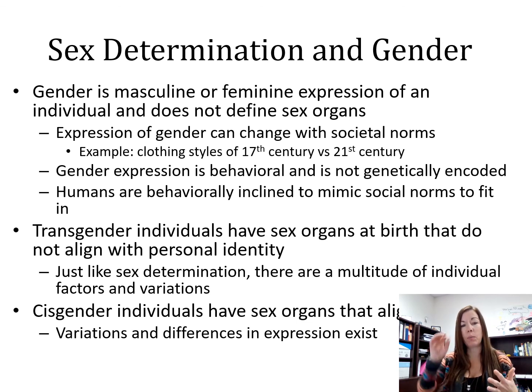That's not always how it should be. There are transgender individuals who have sex organs at birth that don't necessarily align with personality and personal identity. Just like sex determination, there are a lot of factors that affect how you feel inside. And cisgender individuals have sex organs that do align with their identification.